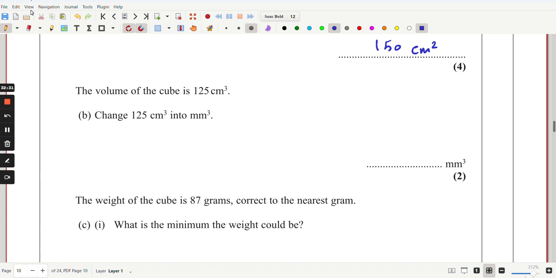So here we know that 1 centimeter equals 10 millimeters. 1 centimeter cubed equals 1000 millimeters cubed. So we'll multiply 125 by 1000, and we'll get 125,000 millimeters cubed.